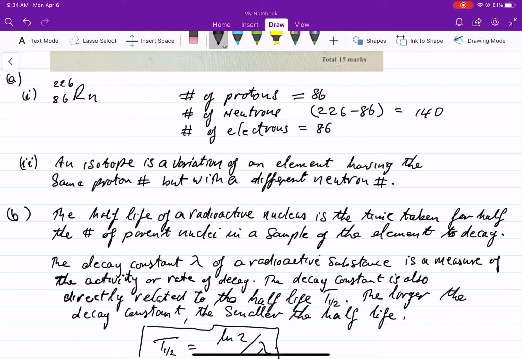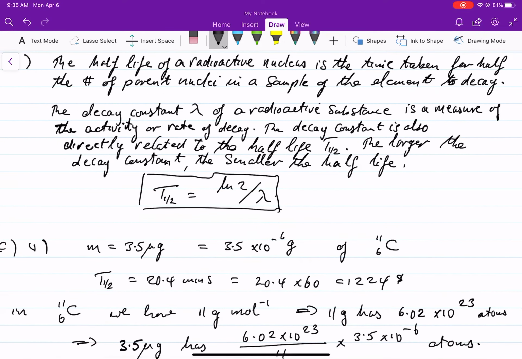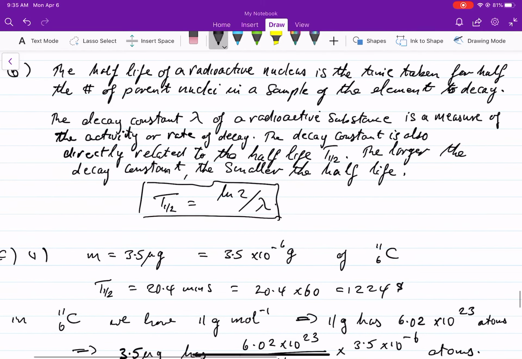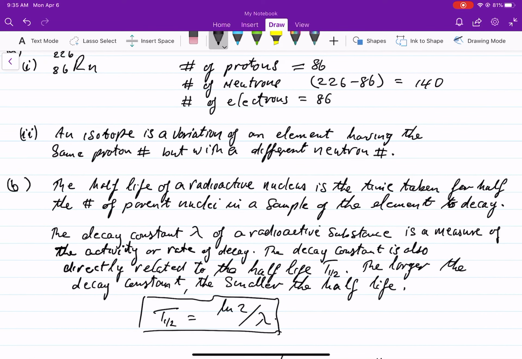So carbon 11 would be written as C11,6, carbon 12 as C12,6, and carbon 14 as C14,6. That simply means you have the same number of protons, but a larger number of neutrons in carbon 12 and carbon 14 than you have in carbon 11.